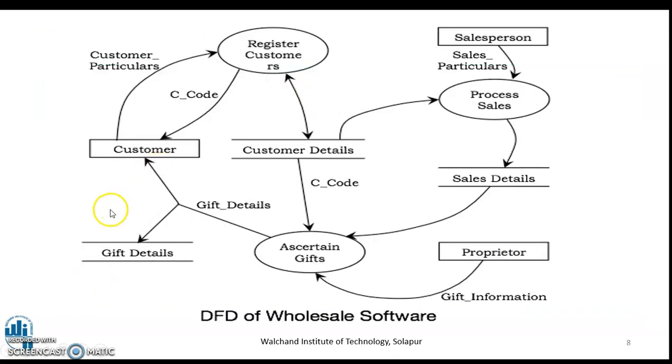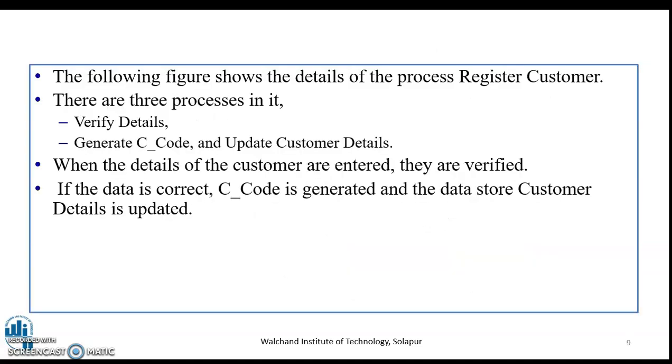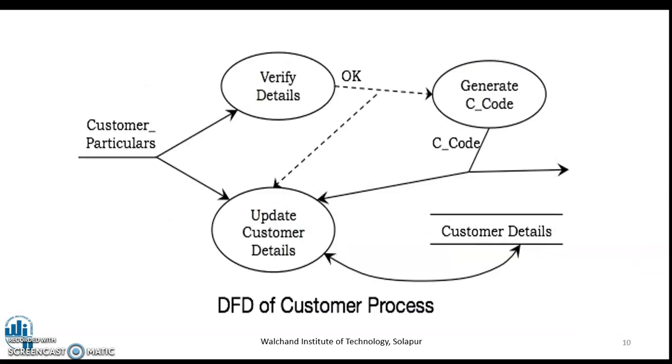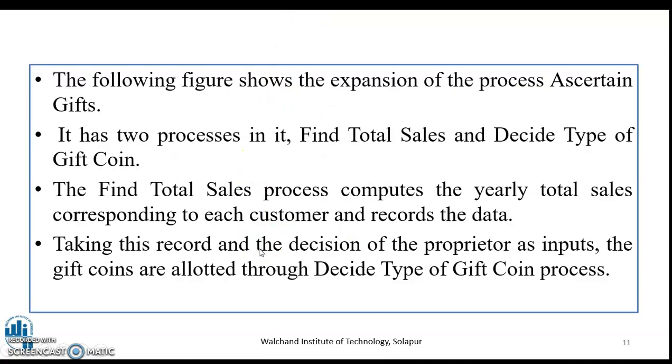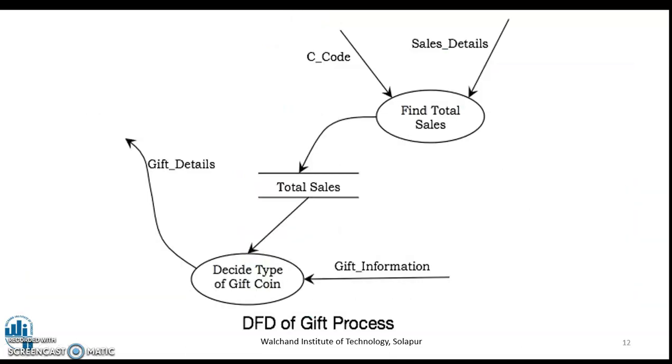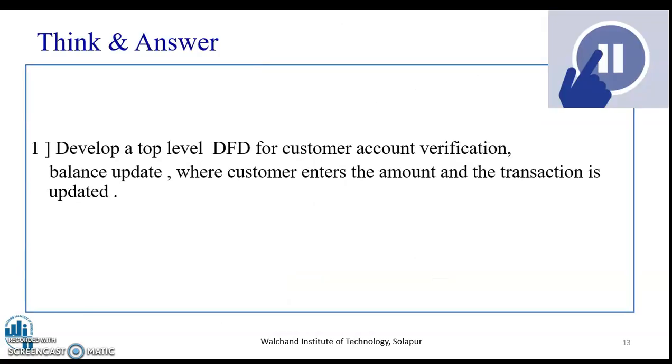Now you see here the register customer, process sales, and certain gifts. These were the subsequent level processes which were decomposed from the wholesale process. And now you see that the register process was further broken down into verify details, customer and generate code. Similarly, the certain gifts was broken down into decide the gift coin and the total sales.